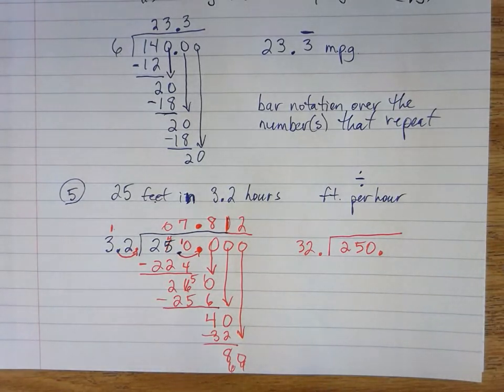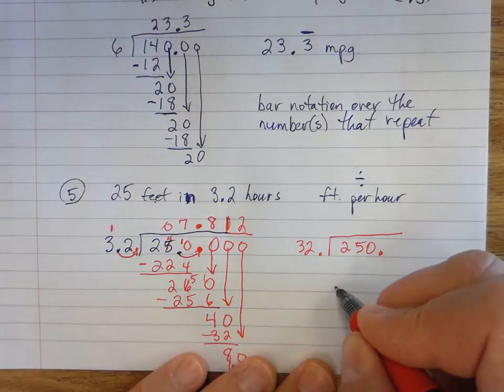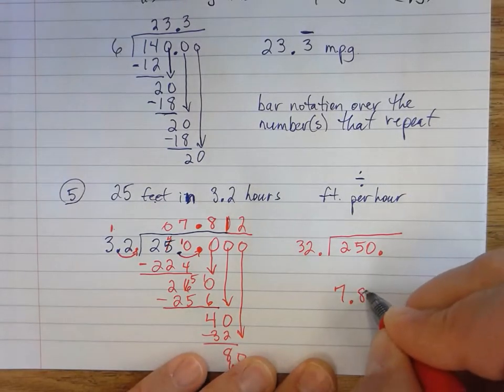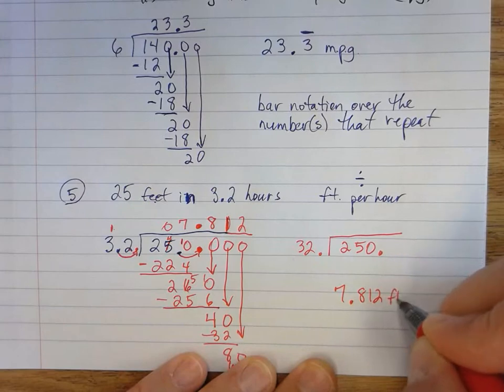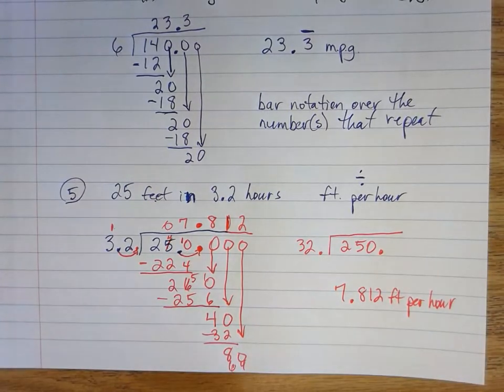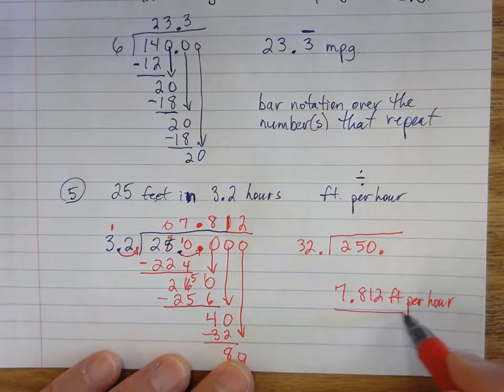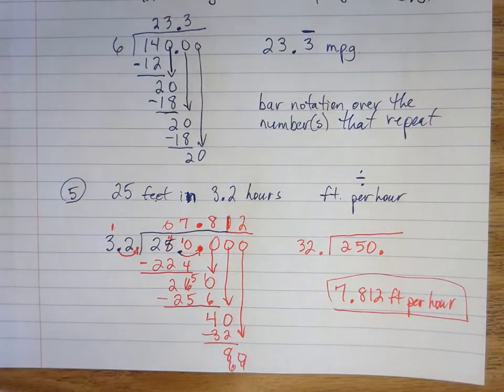So how far does it go per hour? I'm going to say 7.812 feet per hour. You can stop when you get out to the thousandths place. If you go 3 decimal places, that's good enough for me.